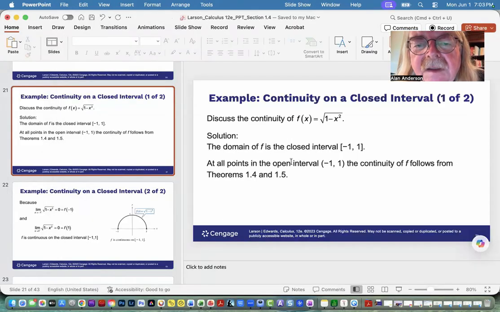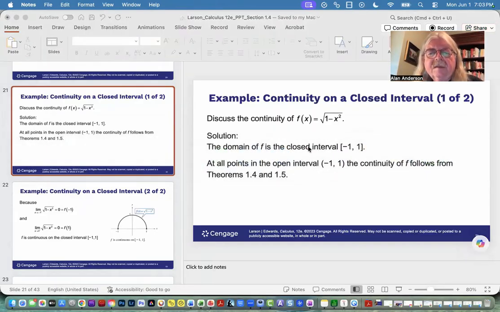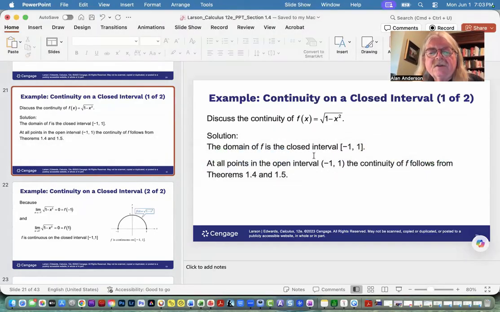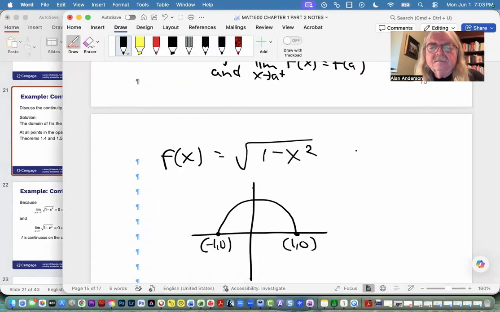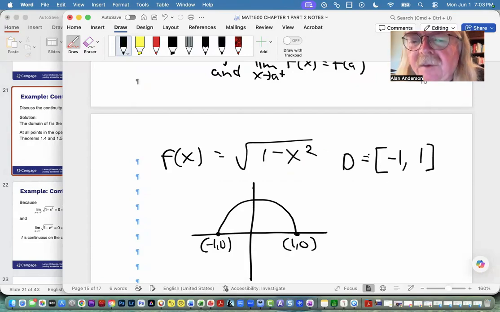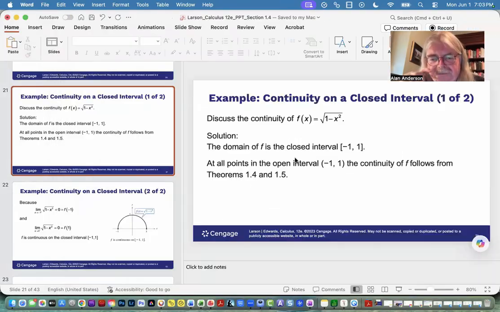Now the domain is only the values between negative 1 and 1, including both endpoints. We can't go outside that range because we'd end up with a negative square root.